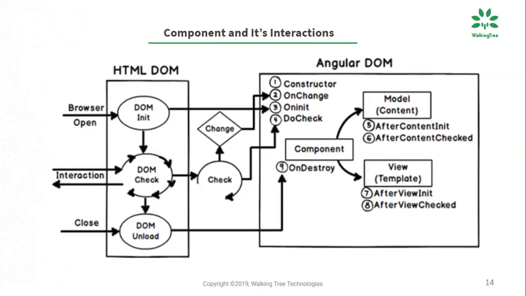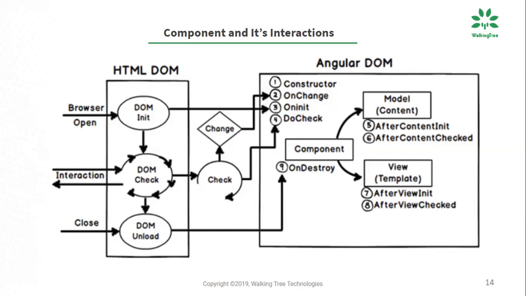There we can decide whatever changes are coming in, and we can assign them to the child component related params. Okay, and on init is a hook which will be called once in the component's lifetime.